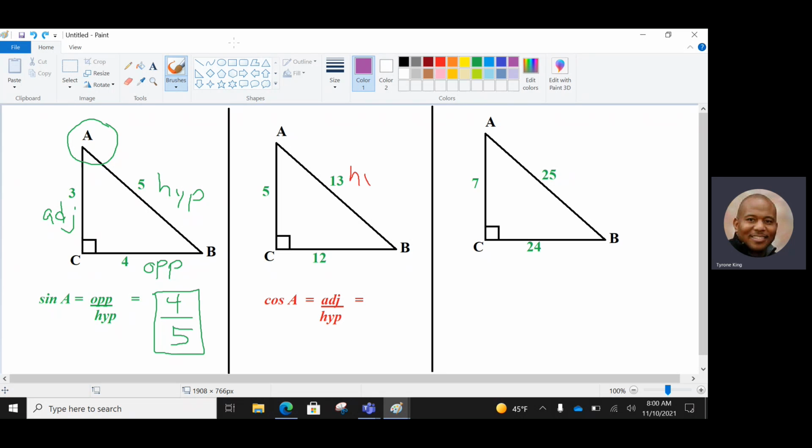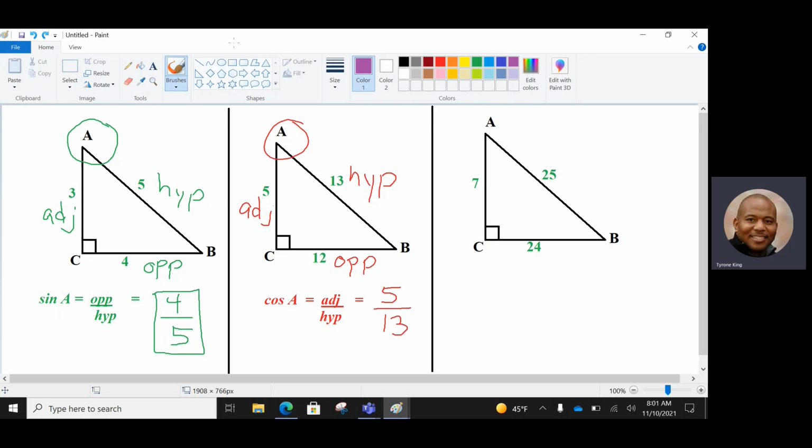Then I label my sides in relationship to A: the hypotenuse, the opposite, and the adjacent. In this problem, I only need the adjacent and the hypotenuse. The adjacent is 5, the hypotenuse is 13. So the cosine of A is going to equal 5 over 13.